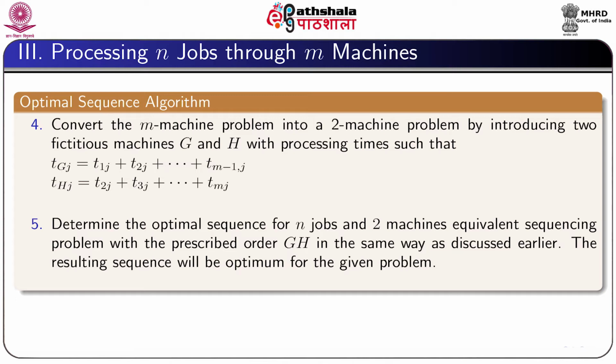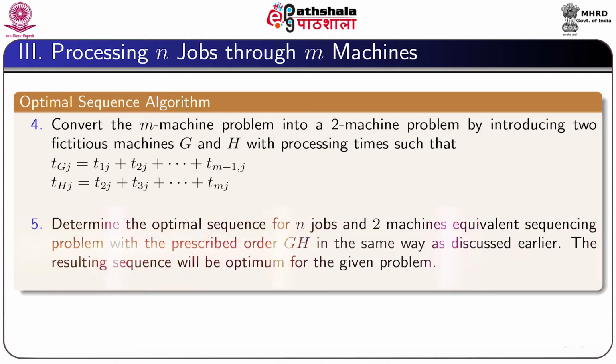We will convert the m machine problem into a 2 machine problem by introducing 2 fictitious machines G and H with processing times such that Tgj equal to T1j plus T2j plus dot dot dot plus Tm minus 1,j and Thj equal to T2j plus T3j plus dot dot dot plus Tmj.